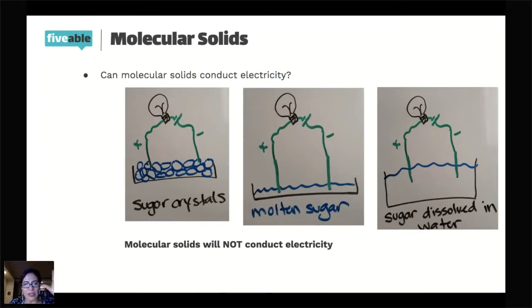It won't dissociate. There's no ions to dissociate in the first place. The molecule is bonded with covalent bonds and it will stay as a whole. Okay, so molecular solids will not conduct electricity in any form.